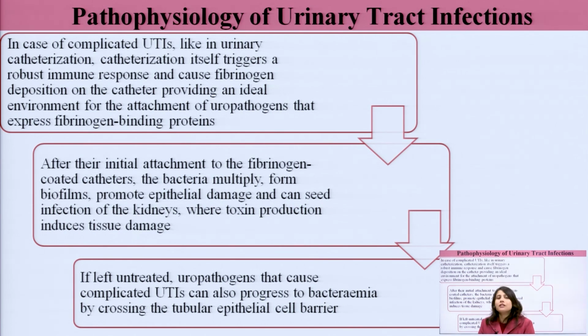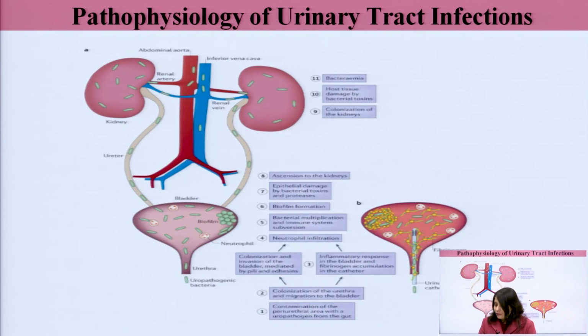This is exactly the same as I discussed for uncomplicated UTIs, but the only difference is that in complicated UTIs, the catheter and the blocking of the urinary tract by kidney stones, these types of urinary retention, themselves provide a good environment for the growth of microorganisms. The symptoms and results are exactly the same as we discussed for uncomplicated urinary tract infections.